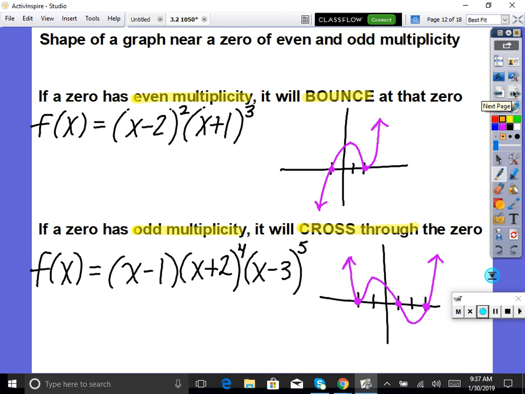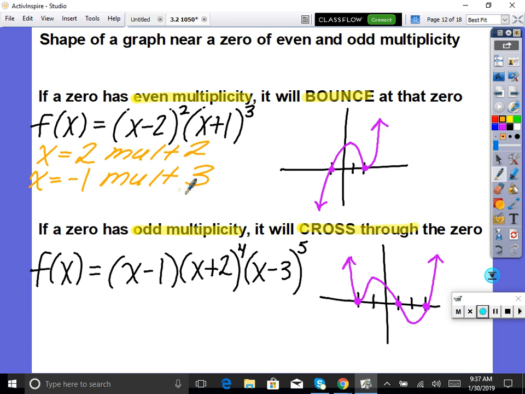So here's some examples. If we have x minus 2 squared, x plus 1 cubed, here's the graph. I'm showing you the graph. So we would say that, isn't it true that x equals 2 with multiplicity of 2? And x equals -1 with multiplicity of 3. So doesn't this one have even multiplicity? So it should bounce.